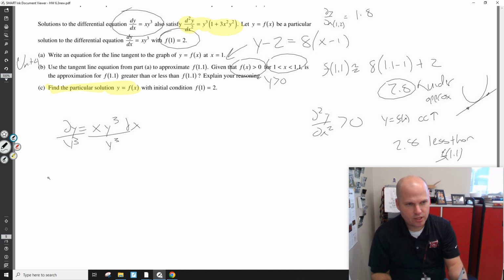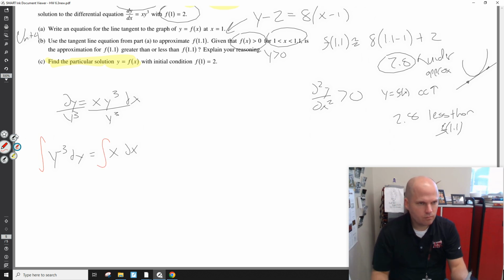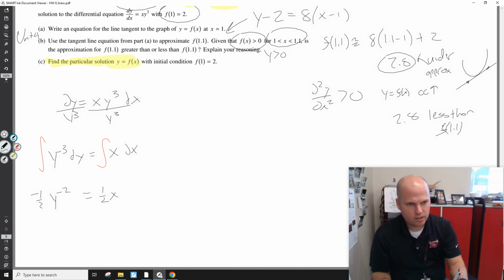When I divide by y cubed, I might as well write it as y to the negative third, so I can take the antiderivative using the power rule. Y to the negative second times negative a half. 1/2 y cubed, or 1/2 x cubed, plus a c. I'm going to multiply everything by negative 2, get rid of at least some fractions, turning C1 into C2.